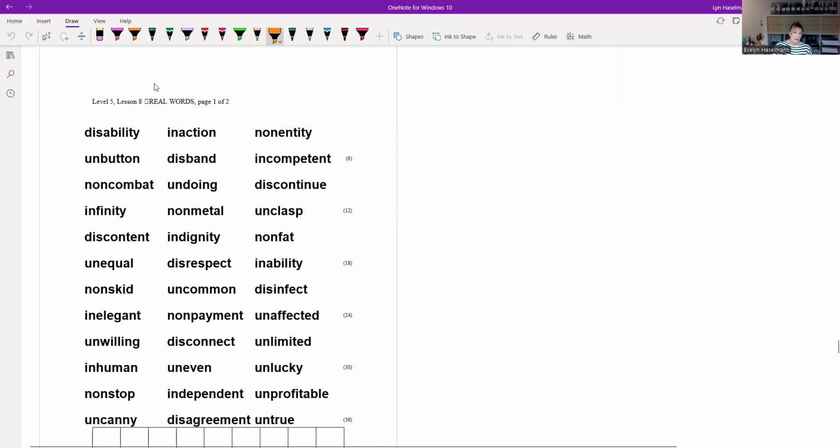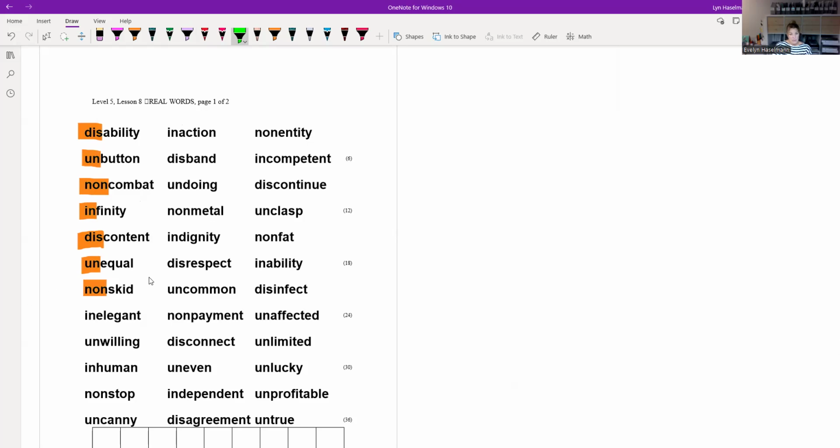If they start to struggle, I want them to do what they know how to do, which is go through and start to find all the prefixes and then all of the suffixes and then look at the base word and read it that way. Okay? So that's what I would do if I had a student that was going to be struggling with these.